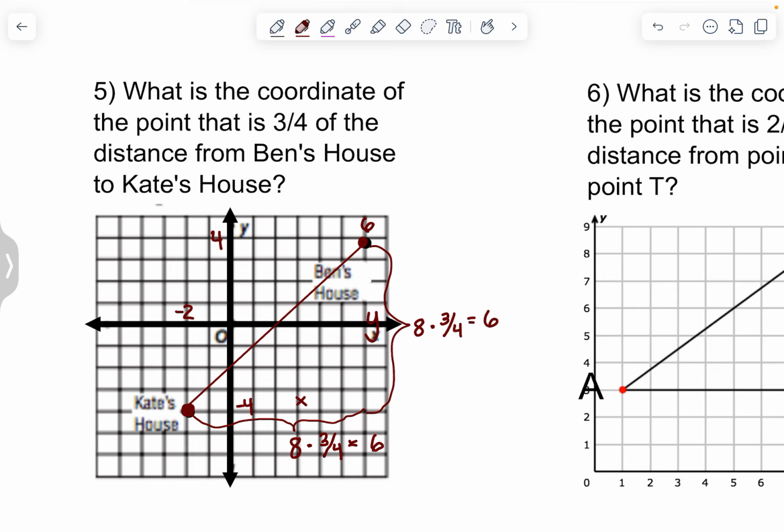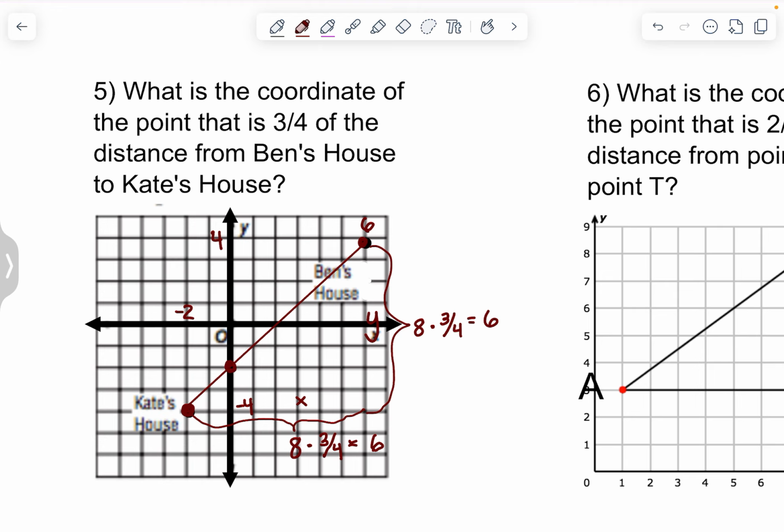So I'm going to start at Ben's house. And now instead of going all the way down, all 8 units, we're just going to go down 1, 2, 3, 4, 5, 6 units. And instead of going all the way over 8 units, we're just going to go over 1, 2, 3, 4, 5, 6 units.